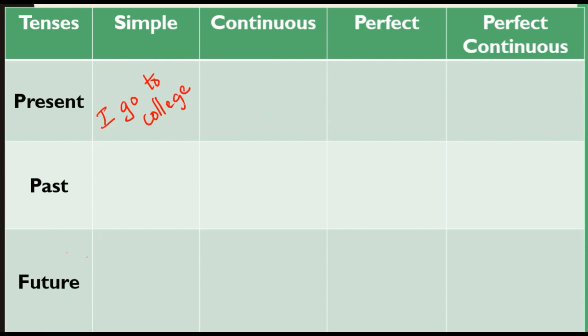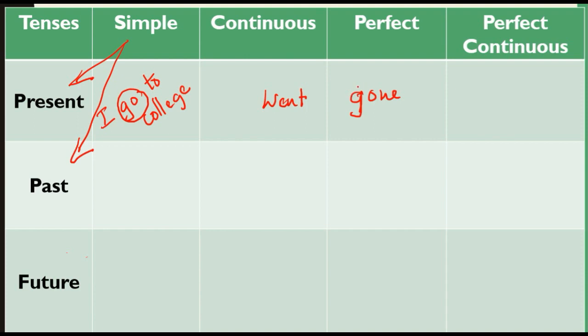So how do I convert? Very simple. There will be only one change when you convert simple present tense into simple past tense. Let me ask you a question. Tell me, what is the past tense of the word go? Absolutely right. It is went. What's the past participle of go? Gone. So go, went, gone. Present, past, past participle.